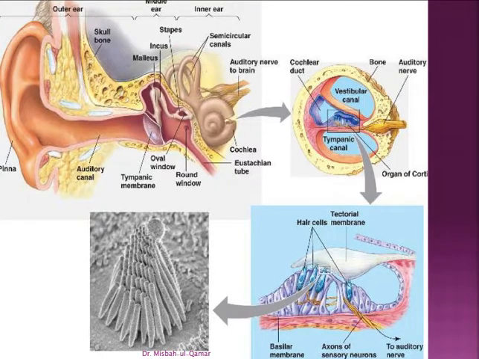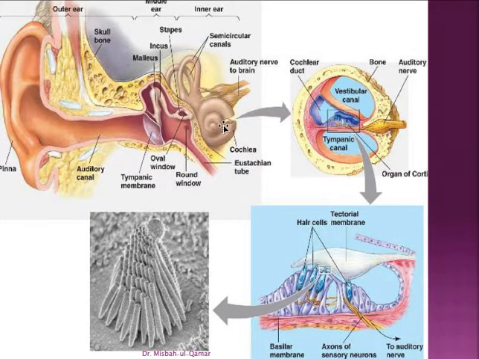In this figure, you can clearly see the functional units of the cochlea. This is the organ of Corti. See, this is the cochlea.